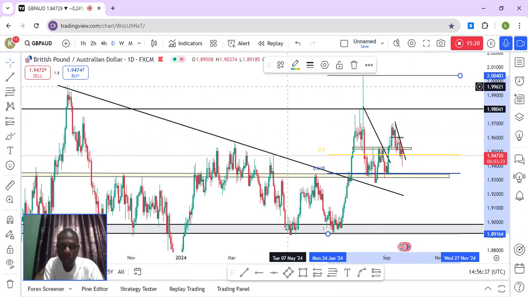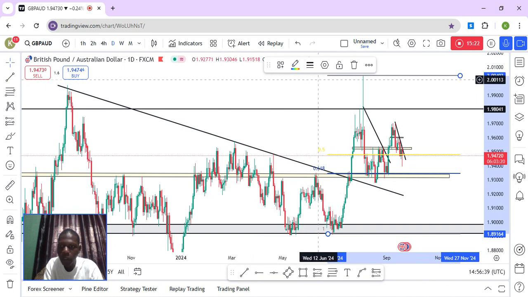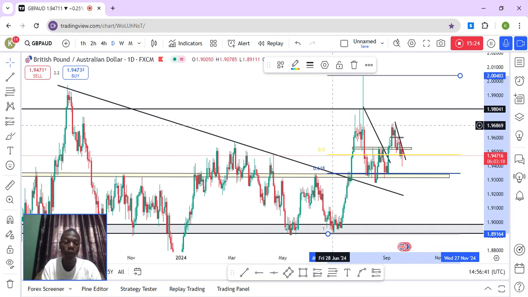And you guys can see the market tested the 2.00 psychological level. The market bounces off it. So if at all the market is going to reverse, it will at least come to the psychological level to test it again.